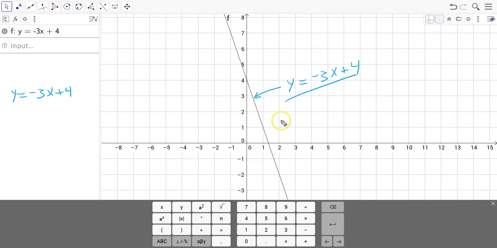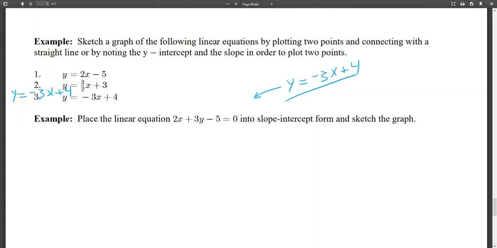Let's take a look at the final problem. Let's place this equation, 2x plus 3y minus 5 equals 0, into slope-intercept form and sketch the graph. Alright, so we want to take this equation and we want to get y on one side and all of our x's on the other side and put it into slope-intercept form.